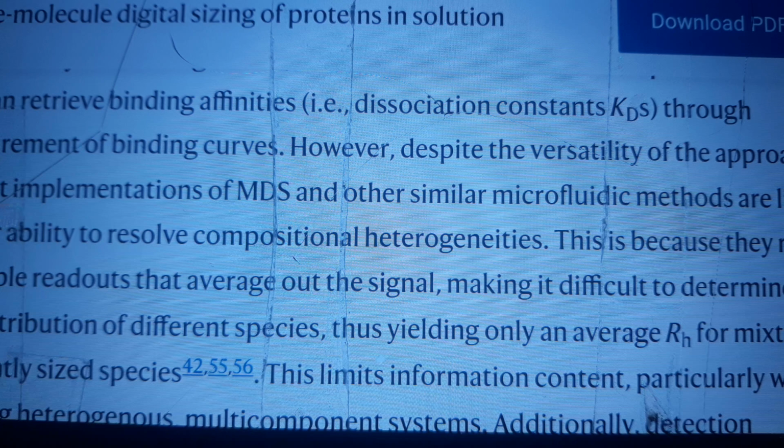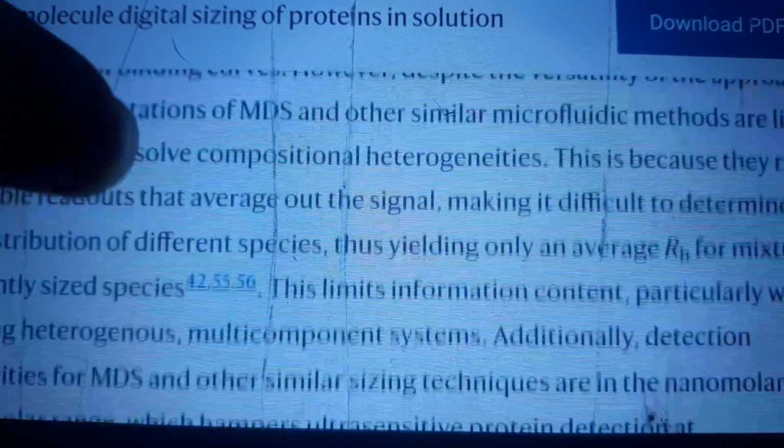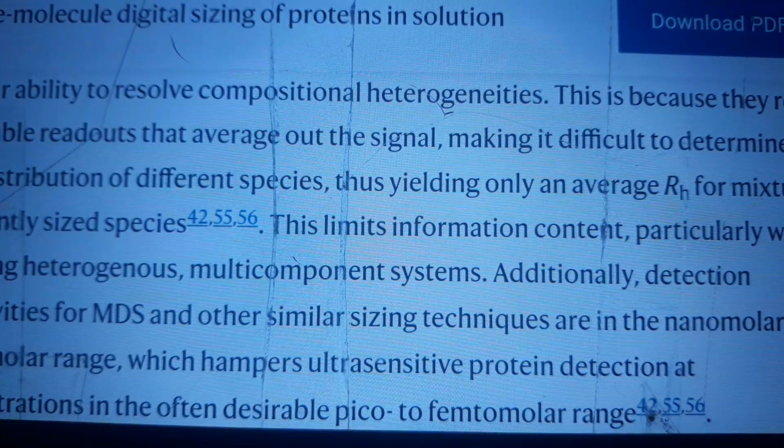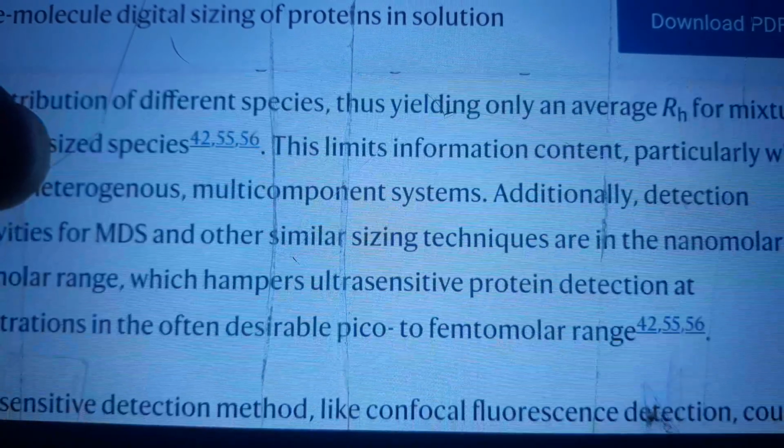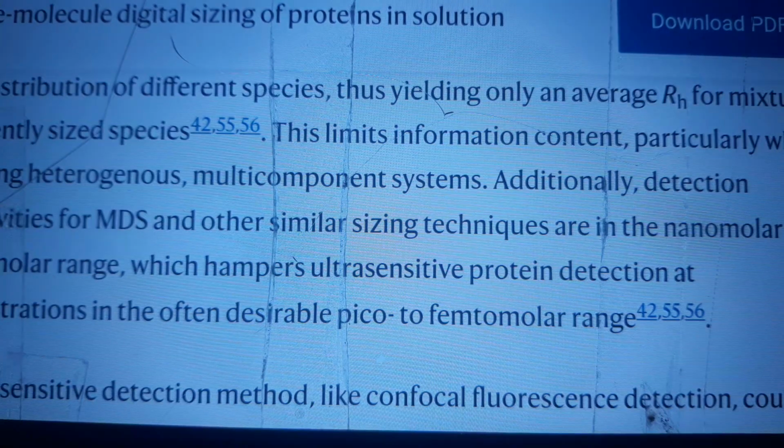measurement of binding curves. However, despite the versatility of the approach, current implementations of MDS and other similar microfluidic methods are limited in their ability to resolve compositional heterogeneities. This is because they rely on ensemble readouts that average out the signal, making it difficult to determine the size distribution of different species, thus yielding only an average RH for mixtures of differently sized species.